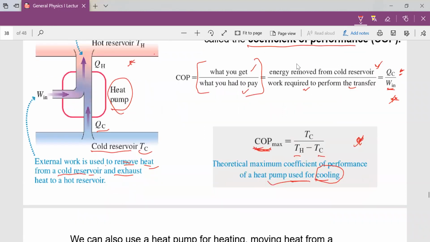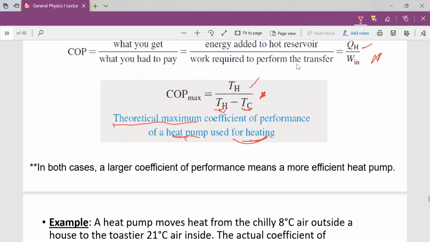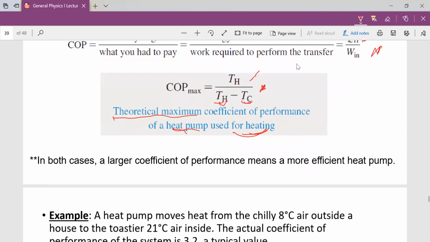Okay, so we'll just take one example to buttress our point. Before we take that example, I just want us to note this: the larger the value of the COP, which is coefficient of performance, it means the more efficient the heat pump.